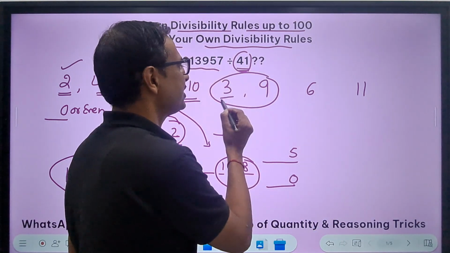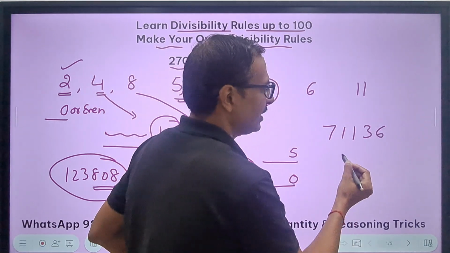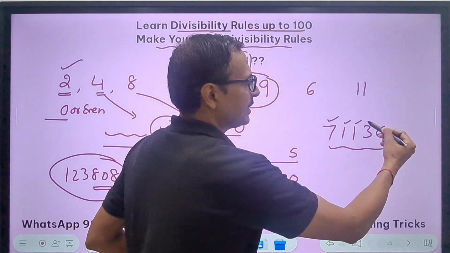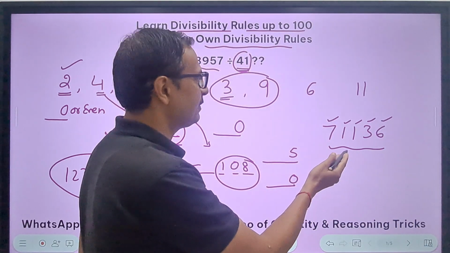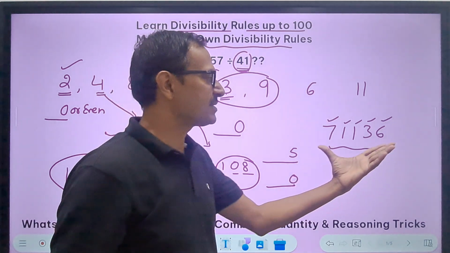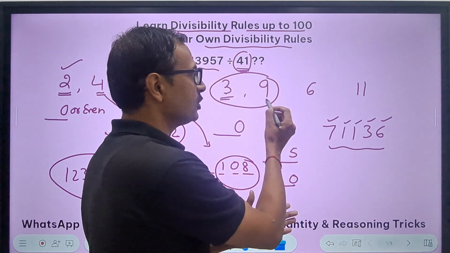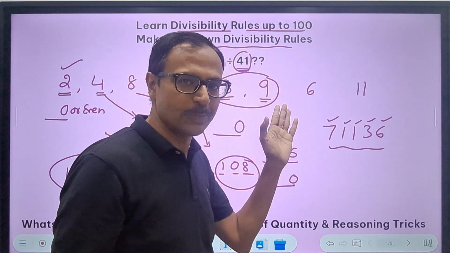So if the sum of the digits of a number, just like 7, 1, 1, 3, 6, if I add all these numbers, 7 plus 1 plus 1 is 9 plus 3, 12 plus 6, 18. So 18 is divisible by 3, and therefore this complete number is also divisible by 3. And 18 is divisible by 9 also, and so this is divisible by 9 also, right?